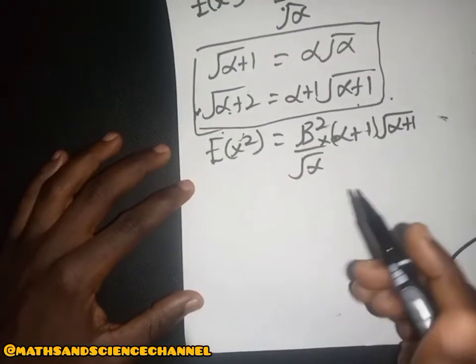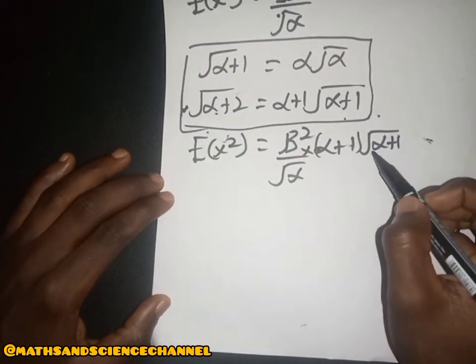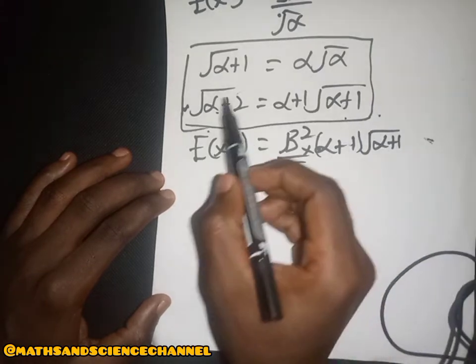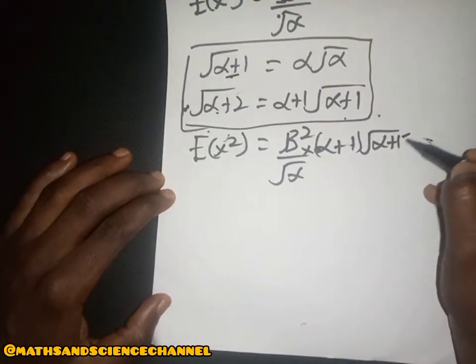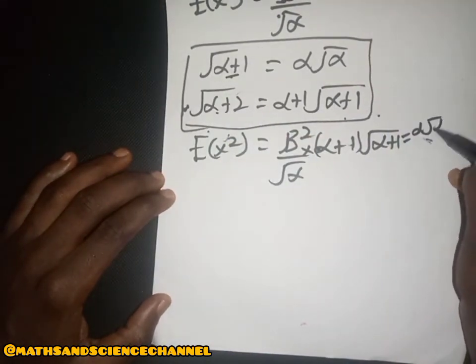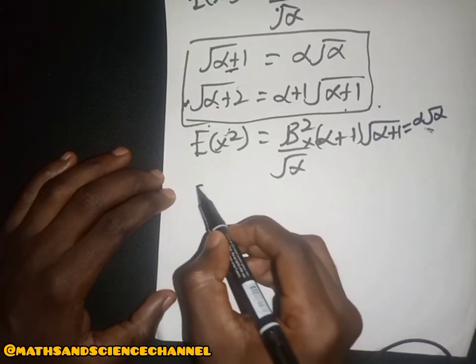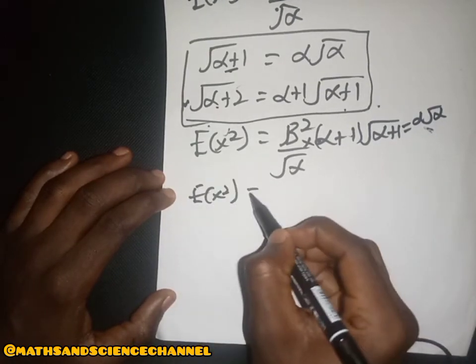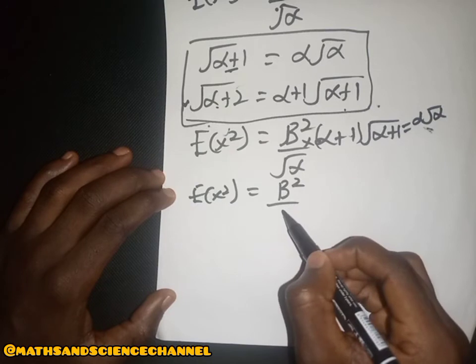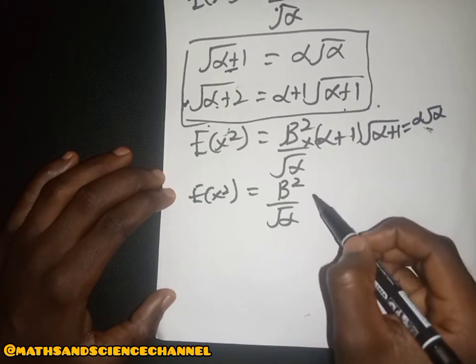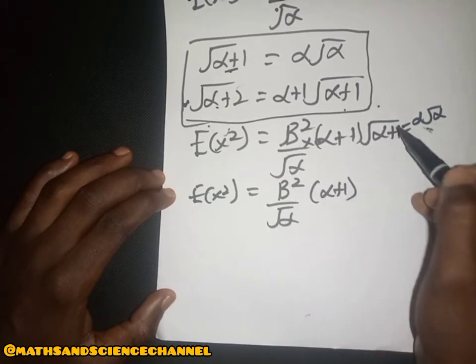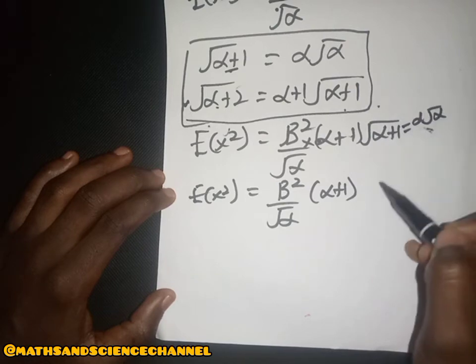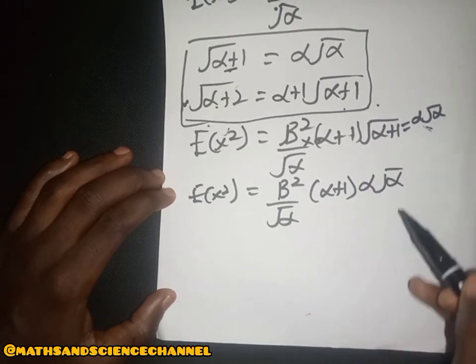Okay, another thing we can also do is that if you have the gamma of alpha plus 1, this can be equal to alpha times the gamma of alpha, so let's replace that. We just have alpha plus 1 here, and the gamma of alpha plus 1 we are replacing with alpha gamma of alpha.